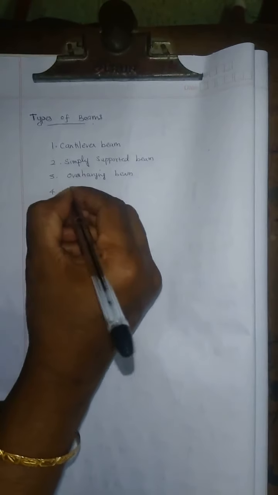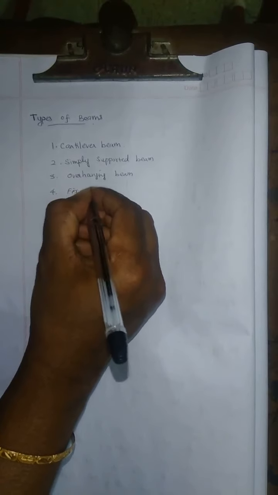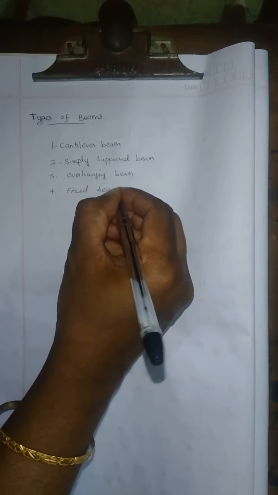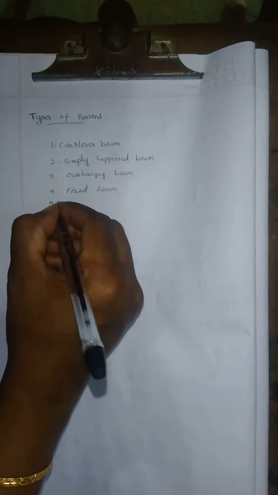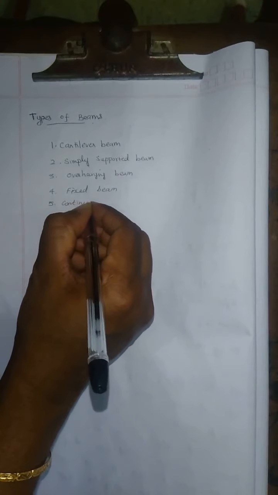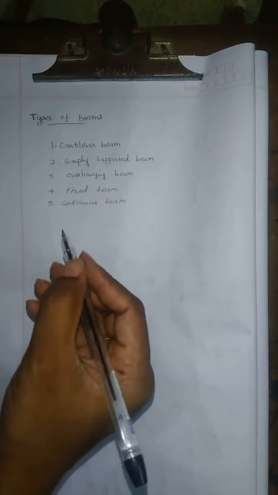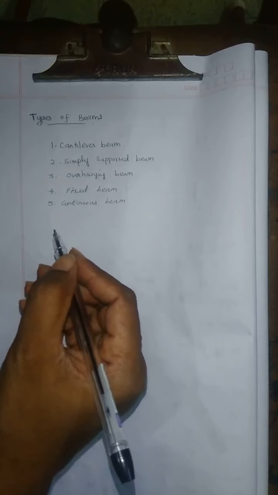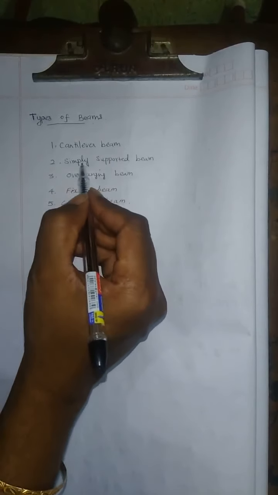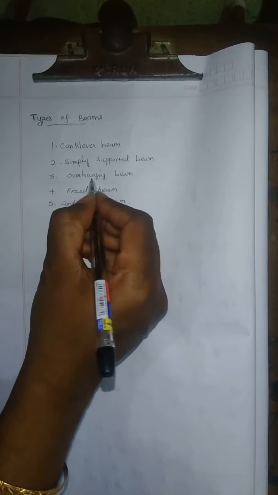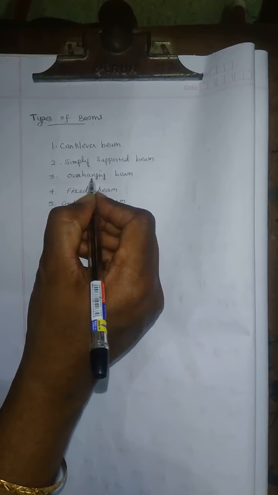Fourth one, fixed beam. Fifth one, continuous beam. Okay. So in this subject, that is in strength of materials, we will be seeing about the cantilever beam, simply supported beam and overhanging beam, which is there in your syllabus.